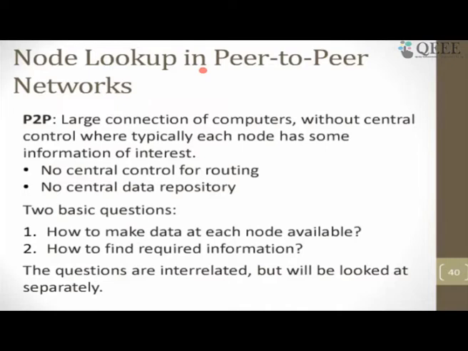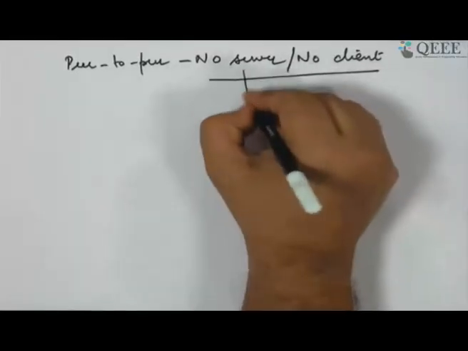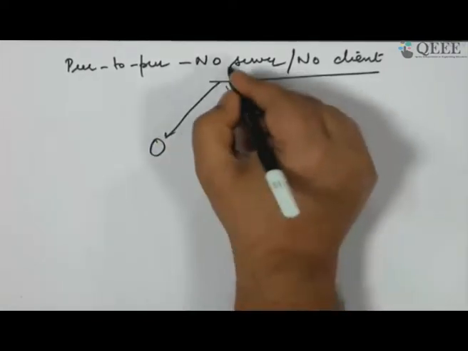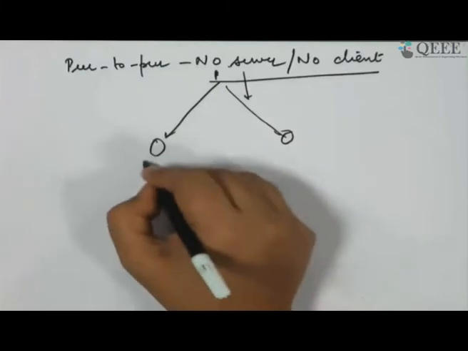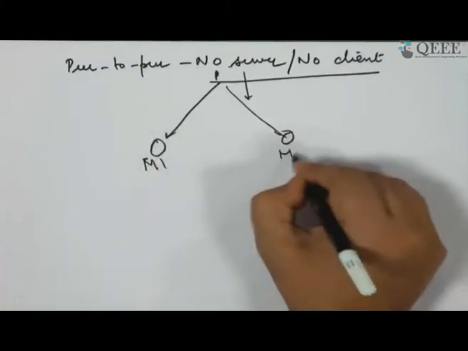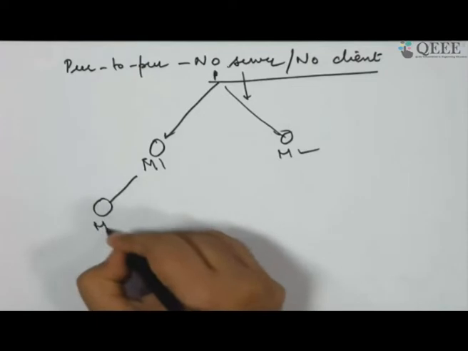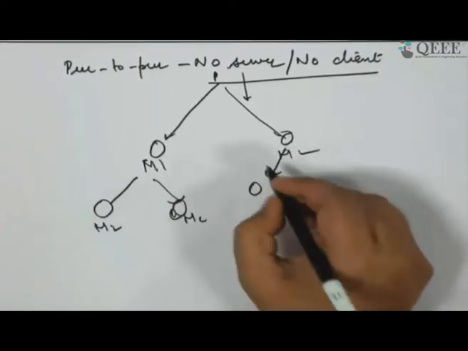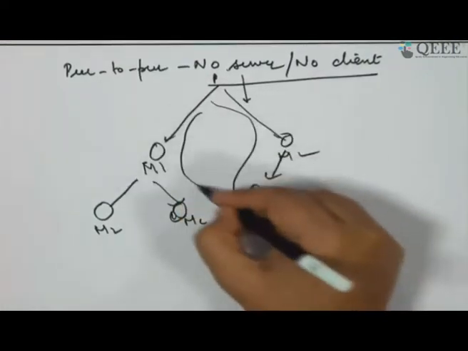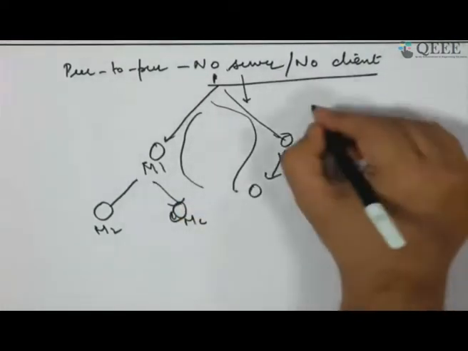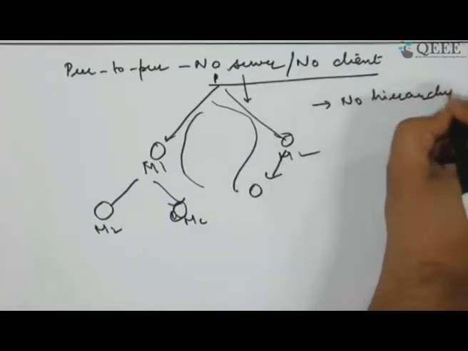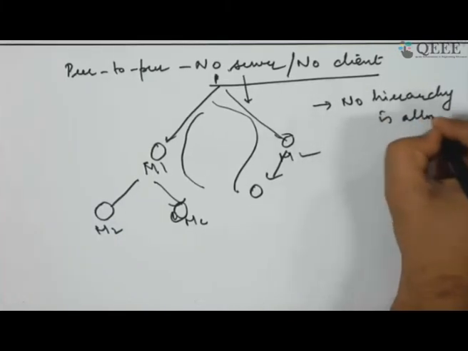If there was a server, then there could be a hierarchical sort of design, where from the server machine 1 has gone, and machine 2, then machine 3, then machine 4. Some sort of hierarchical design could be there, in which way you will route. But here no hierarchy is allowed.